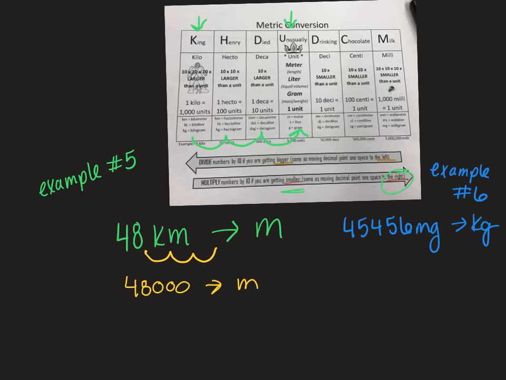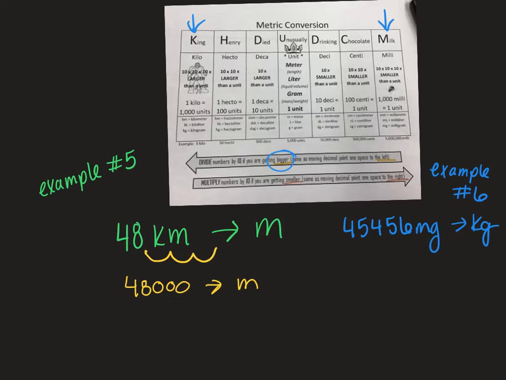Okay, and then for example 6, it's how many kilograms are there in 45,456 milligrams. So for this one, let me erase this stuff we've got going on here. We're going from milligrams to kilograms. So we're going from a smaller unit to a larger one. So we're getting bigger, which means we have to move our decimal point to the left.